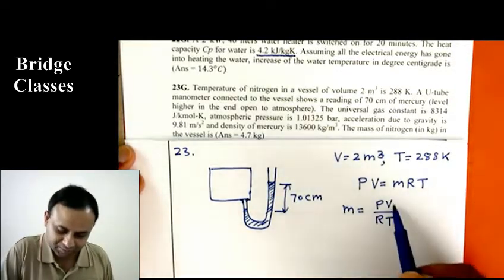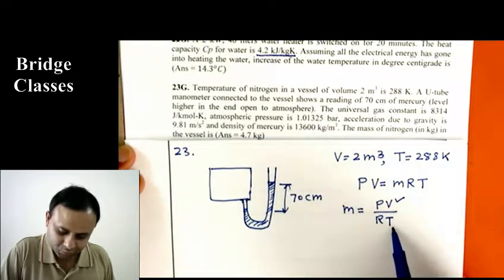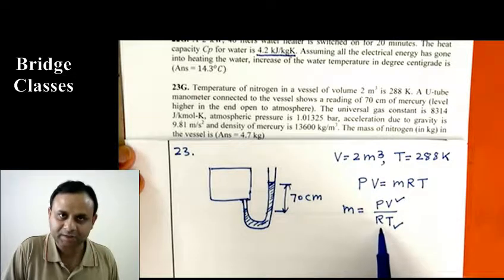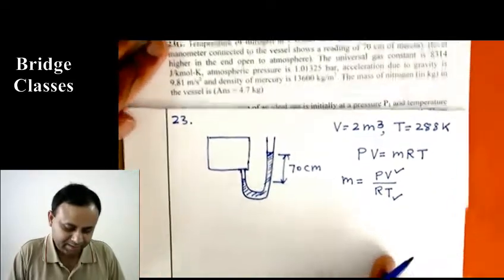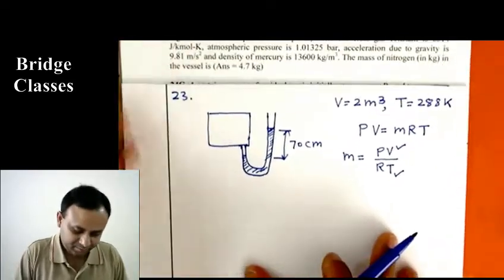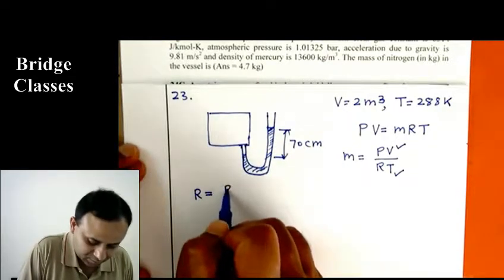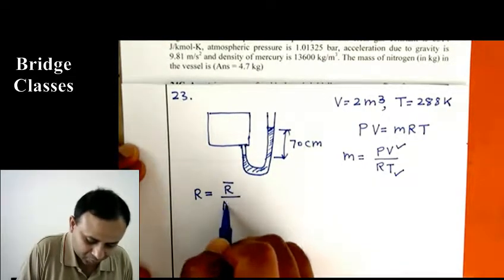Now volume is given 2 cubic meter, temperature is 288 Kelvin. We need the gas constant for nitrogen. This is not the universal gas constant, this is the gas constant for nitrogen. And the gas constant for nitrogen will be universal gas constant over molecular weight of nitrogen.